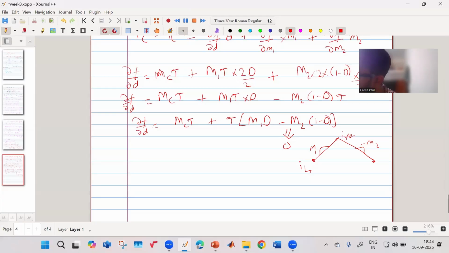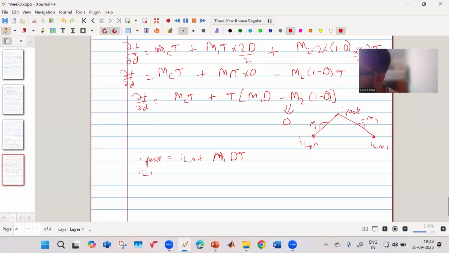Let us say this is IL of N, and this is IL of N plus 1. Your peak is IL of N plus M1 into dt, and your IL of N plus 1 is equal to I peak minus M2 into 1 minus D into T.